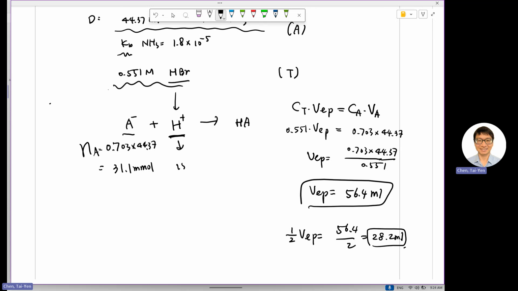It should be 15.55 millimole, right? Because it's actually half equivalence point, meaning you add in half the amount compared to your analyte. Therefore you know this is a situation you have to start with, and they're going to cancel each other.